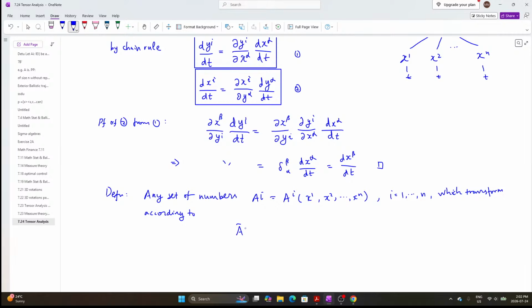The barred coordinate, A bar^i, which is a function of the new coordinates x bar^1, x bar^2, all the way to x bar^n, equals A^α, that's the original A^i, and its arguments are x^1 all the way to x^n.